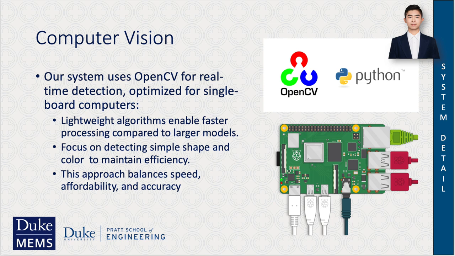As for our algorithm, we're using just OpenCV on the Raspberry Pi due to its computational limitation. So we're using lightweight algorithms to enable faster processing compared to large models like YOLO. We're just focusing on detecting simple shape and color to maintain efficiency at this moment because of the limitation of the Raspberry Pi.